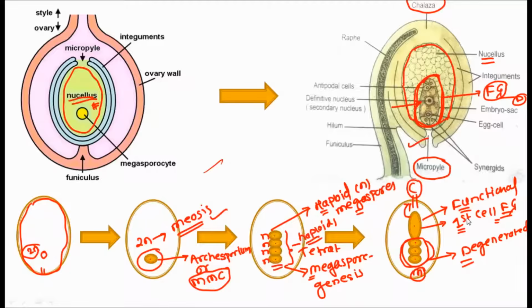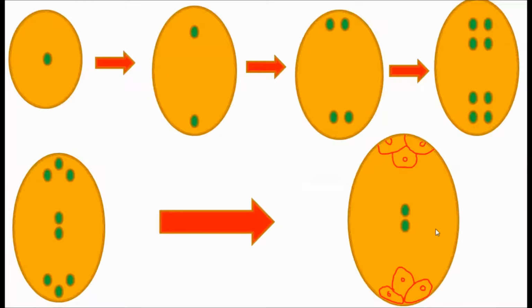Now we have to see what happens with this first cell of the female gametophyte. Let us consider this is the first cell of the female gametophyte. This cell has the nucleus and the cytoplasm only. Now this first cell of the female gametophyte undergoes three successive mitotic divisions.